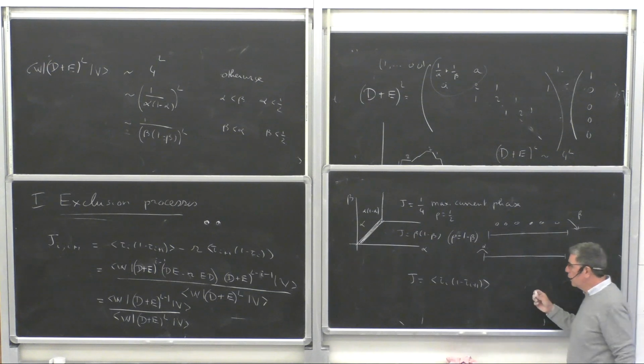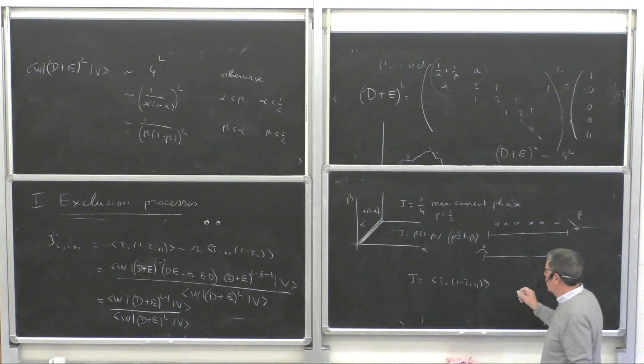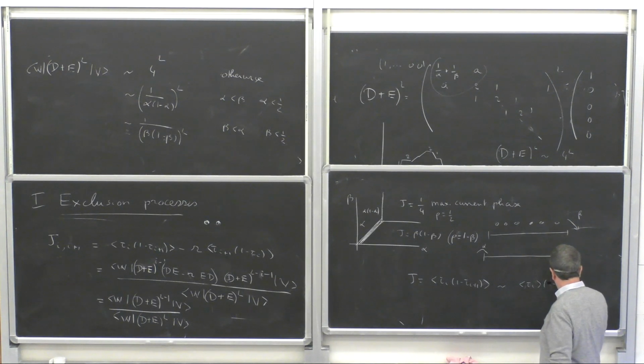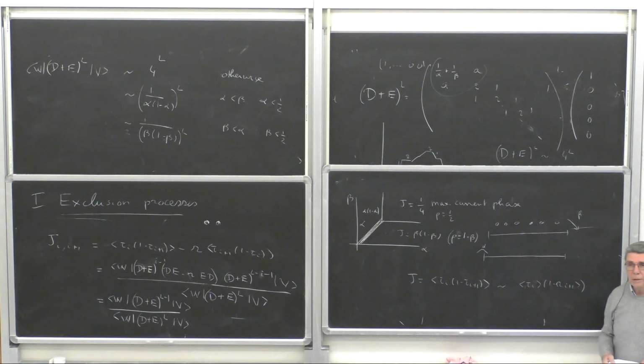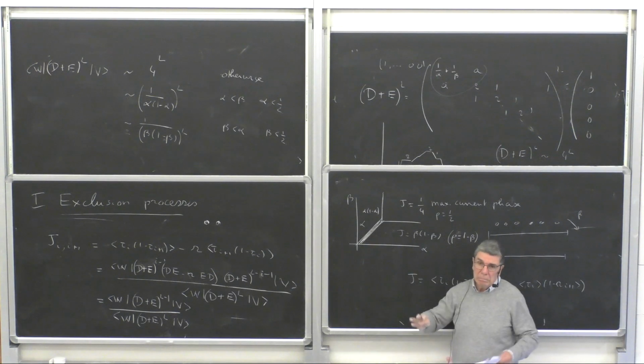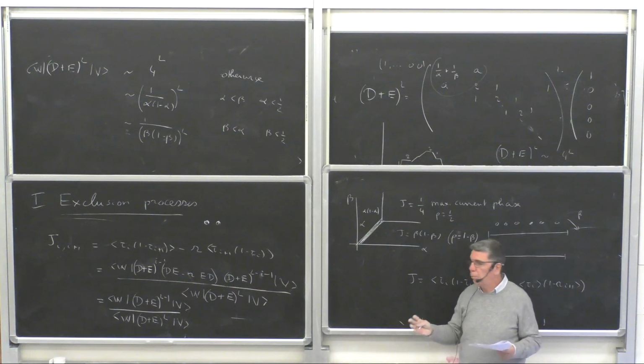But imagine that I want to make a mean field theory. So I replace it by tau_i times (1 minus tau_{i+1}). So I forget that these two things are correlated. Can I compute the phase diagram? And the answer is yes. So it's a mean field theory. The phase diagram will be the same. But there are some differences about correlations.